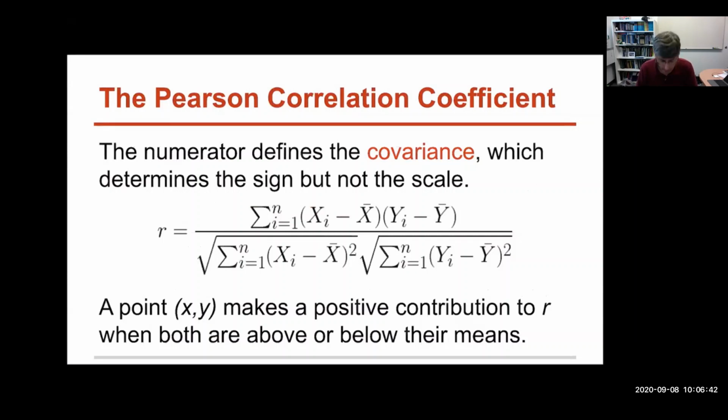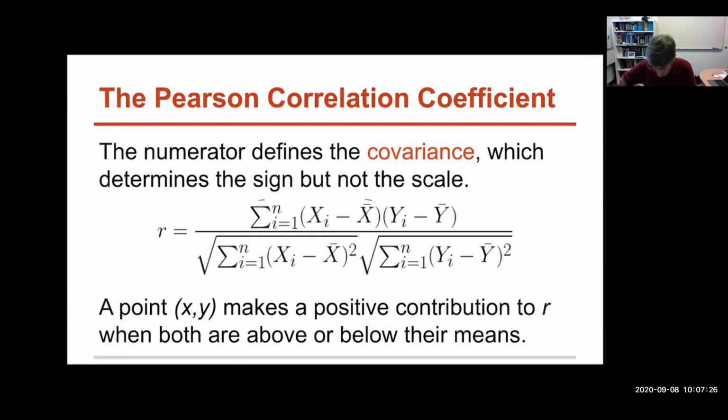The correlation of two arrays of numbers, X and Y, if we have n elements, each of which has an x value, x sub i, and a y value, y sub i, is the sum over all points of x i minus the mean of the x values, times y i minus the mean of the y values.